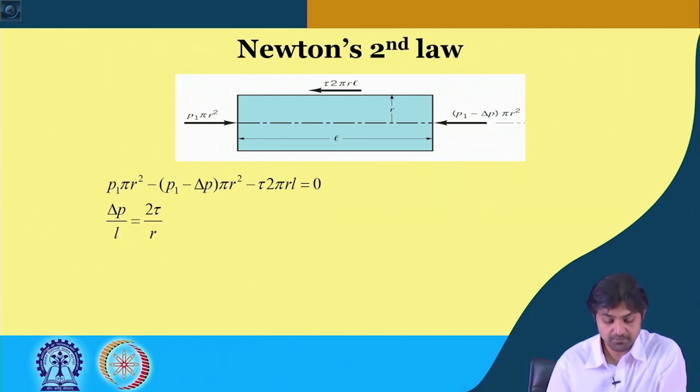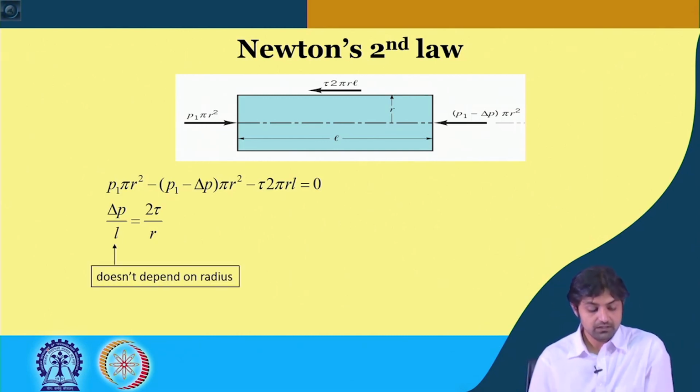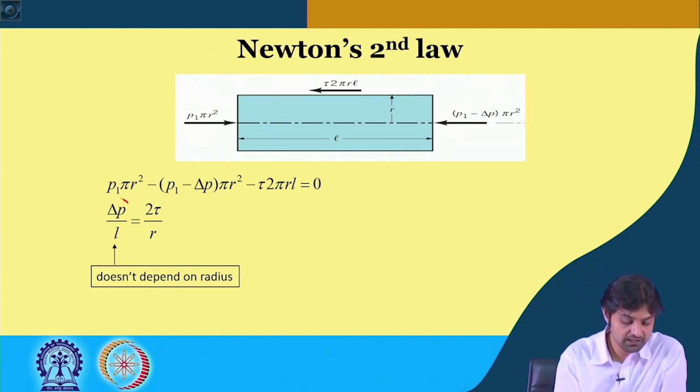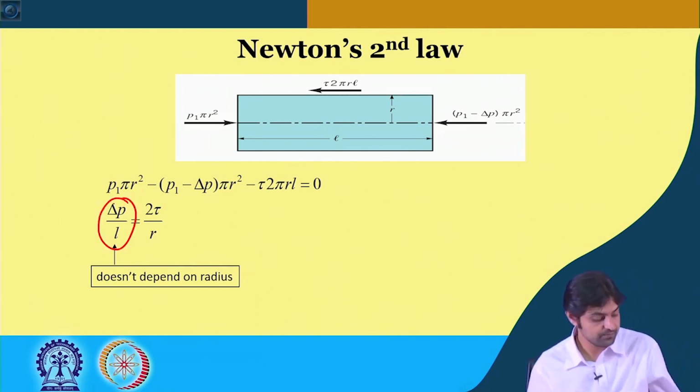So we get delta P by L is equal to 2 tau by R. The pressure drop per unit length does not depend on the radius, because it's pressure drop per unit length, and this we call equation number 1.